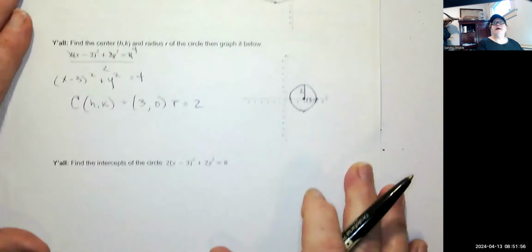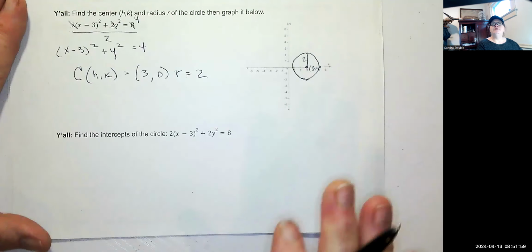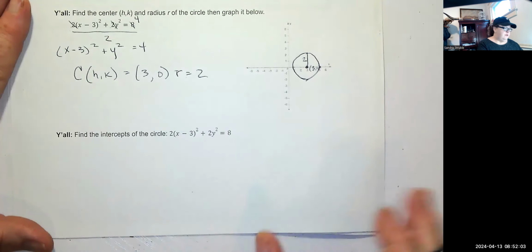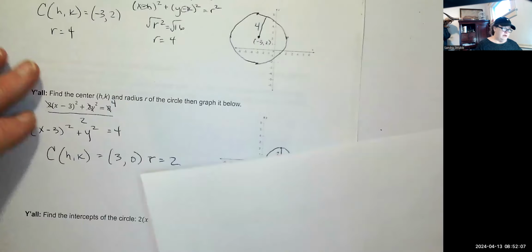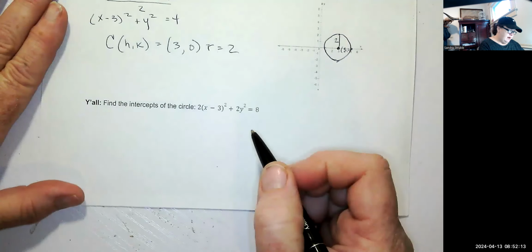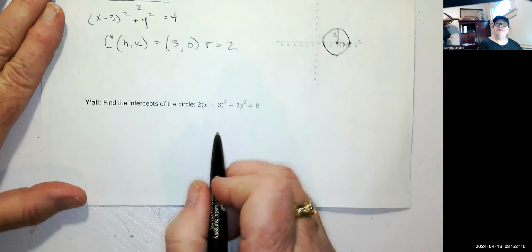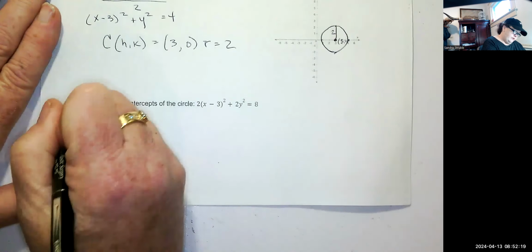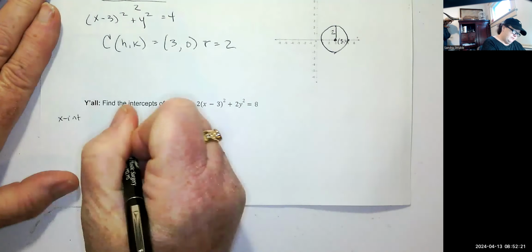All right, the next one I asked y'all to do first because we've done so many intercepts. So I asked you to find the intercepts of this circle. For you to find the intercepts for this, pause the video. I want you to find your intercepts. Remember to find your x-intercepts, what do you have to do?